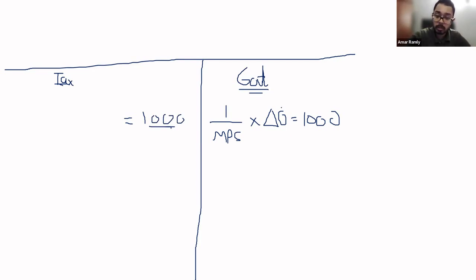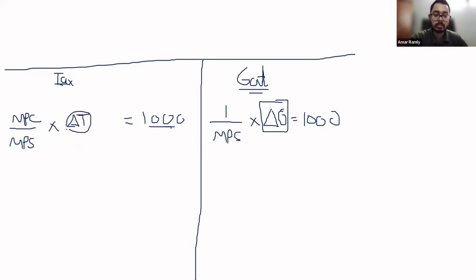What we need to figure out is this, right? Tax. How do you figure out tax? It's MPC over MPS into the change in T. Okay. So what we can do now is, let's figure out this one first.